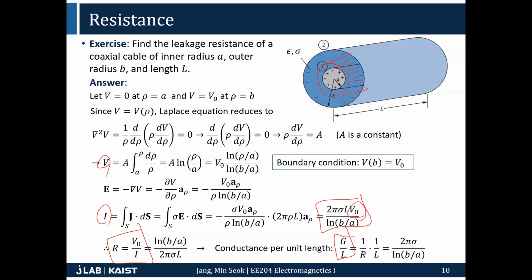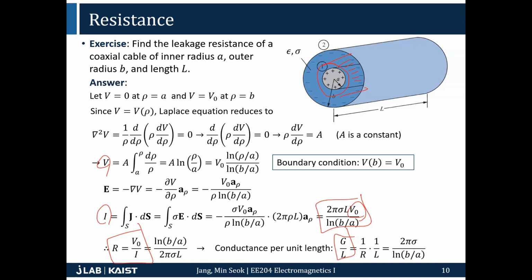So what I wanted to tell you is that getting the resistance and conductance is fundamentally the same as obtaining the capacitance. In order to obtain the capacitance of a given structure, you need to know the potential distribution or electric field distribution everywhere.